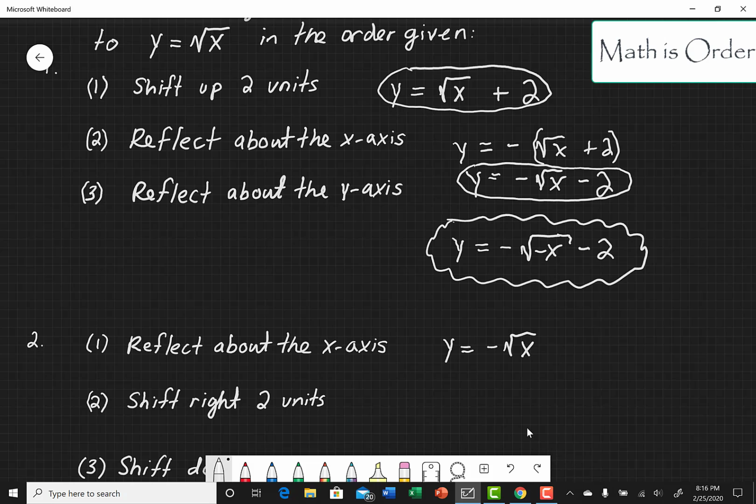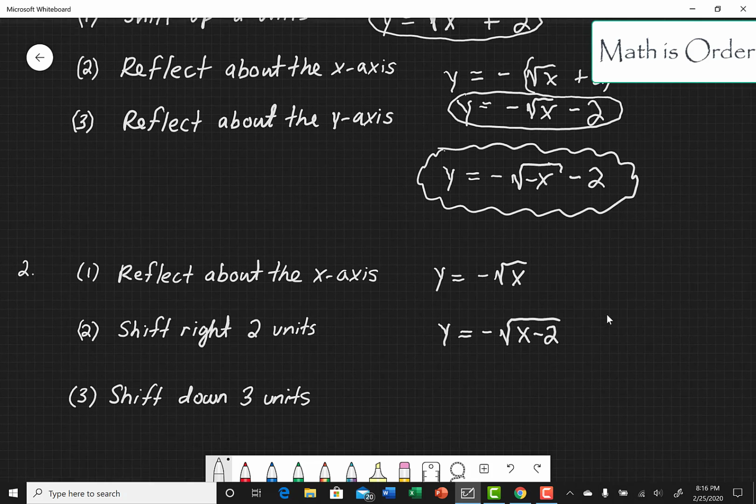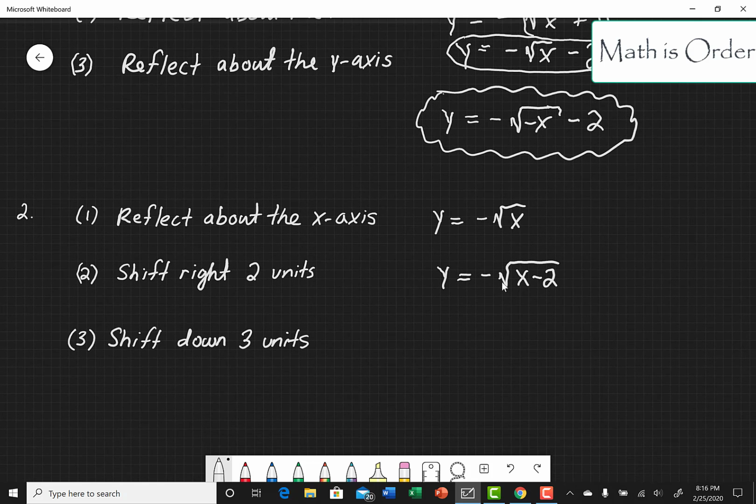And then next, shift right 2 units. When we shift right 2 units, we're going to have x minus 2. All right, next, take this function now and shift down 3 units. So our final answer is going to be, shifting down 3 units, we're going to have here minus 3.